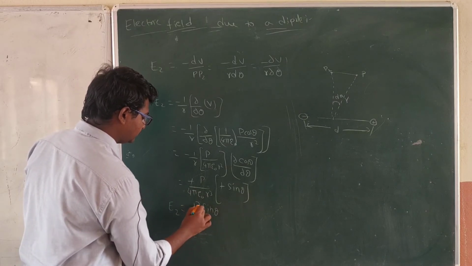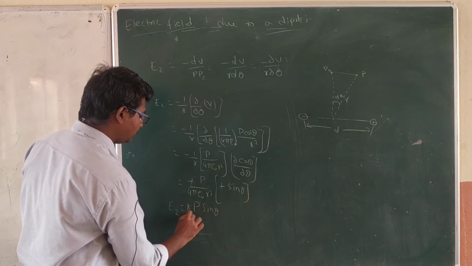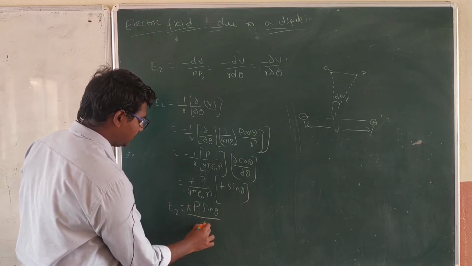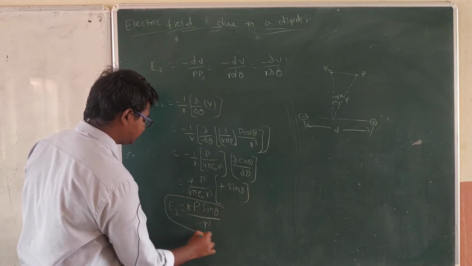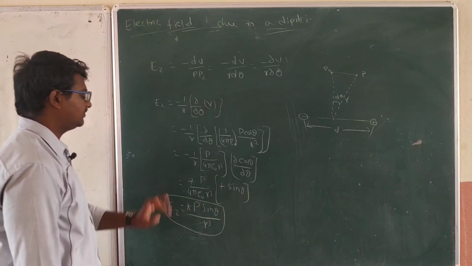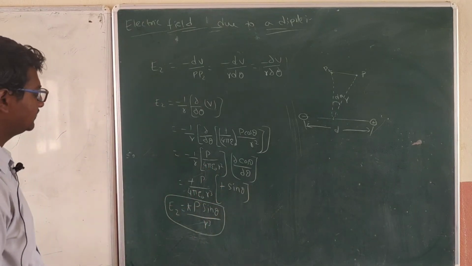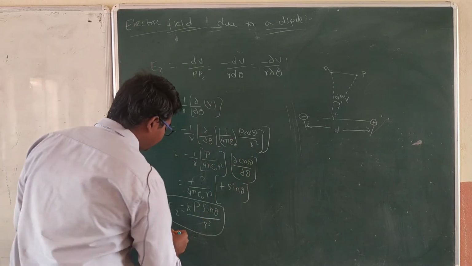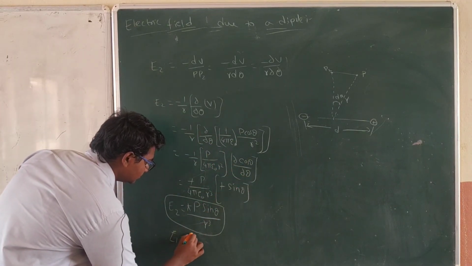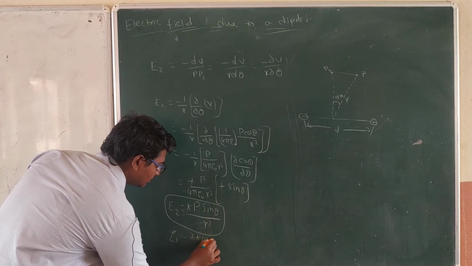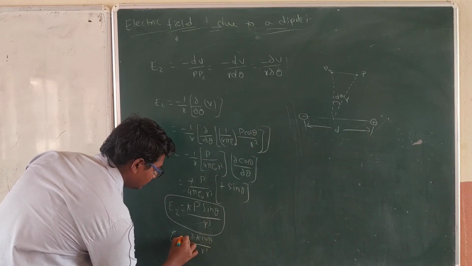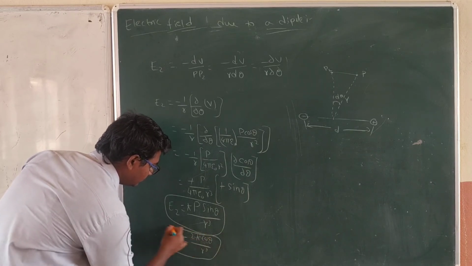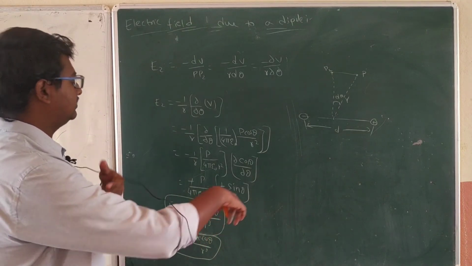We will get E2 is equal to P sin theta, or else Kp sin theta by r cube. Here K is equal to 1 by 4 pi epsilon naught. We know the value of E2, and we have found the value of E1 also, that is 2 Kp cos theta by r cube. E1 we know, E2 we know, right.